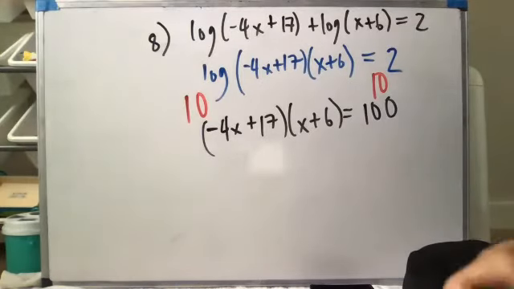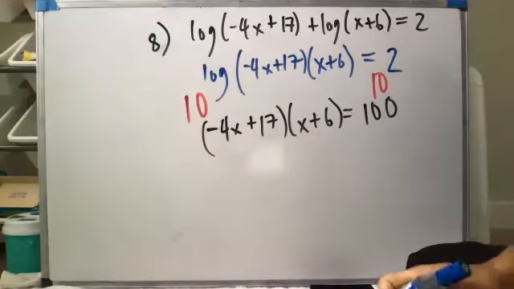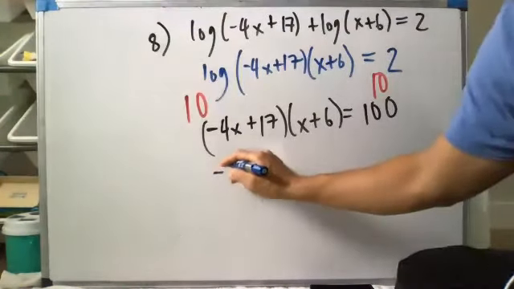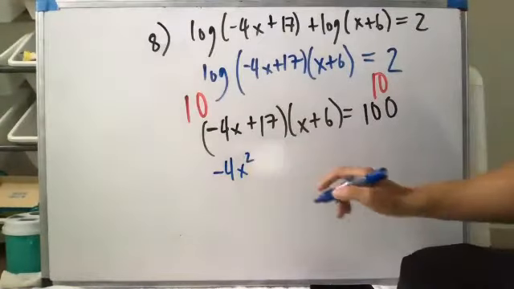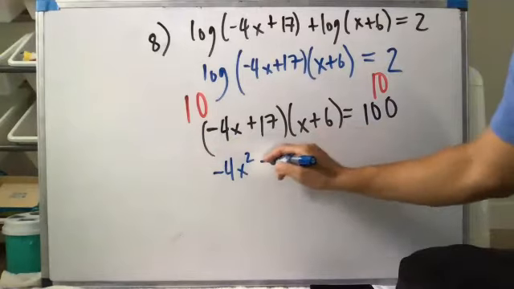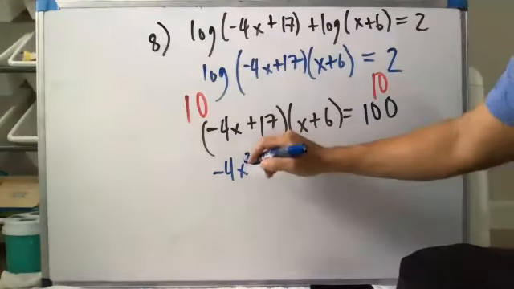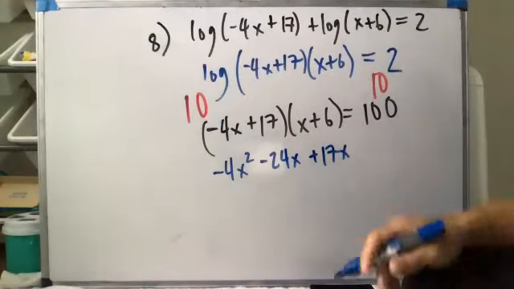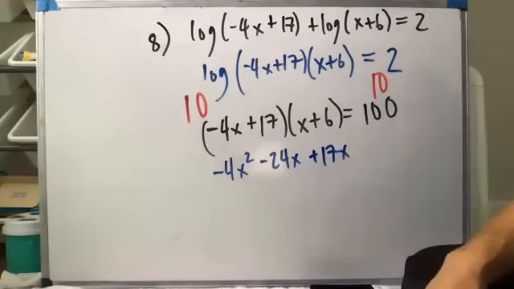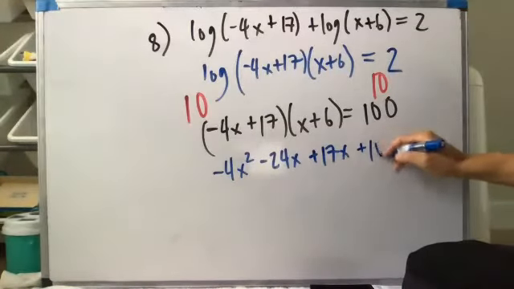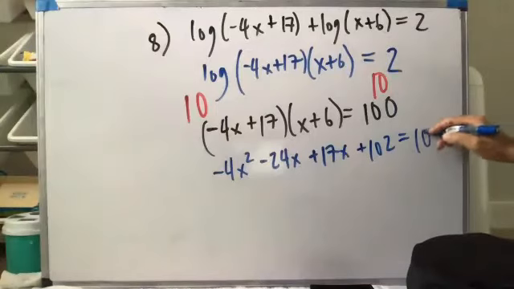Let's just multiply the thing out. Negative 4x times x is negative 4x squared, and negative 4x times 6 is negative 24x. 17 times x is plus 17x, and 17 times 6 is 102. So plus 102 equal to 100.